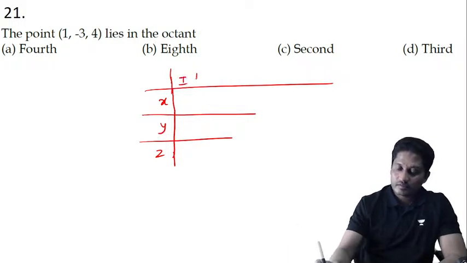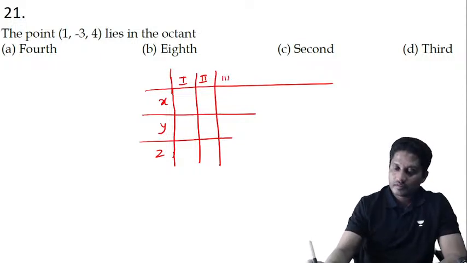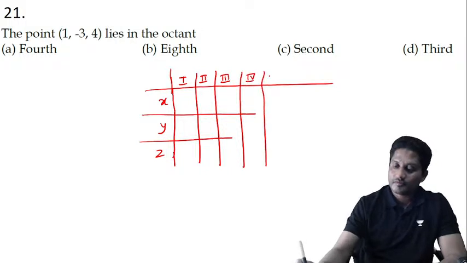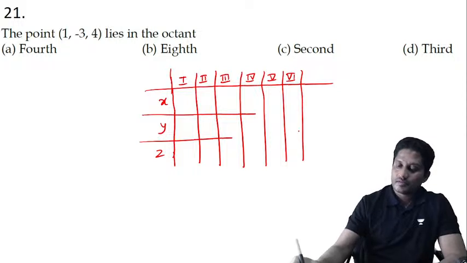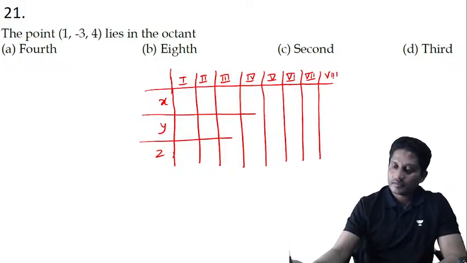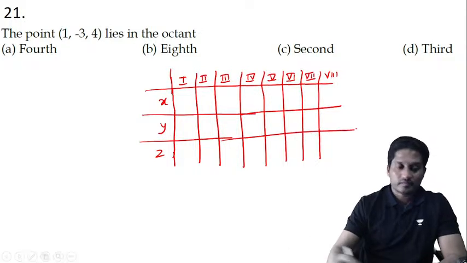This is first, second, third, fourth, fifth, sixth, this is seven, and this one is 8. 8 octants will be there.